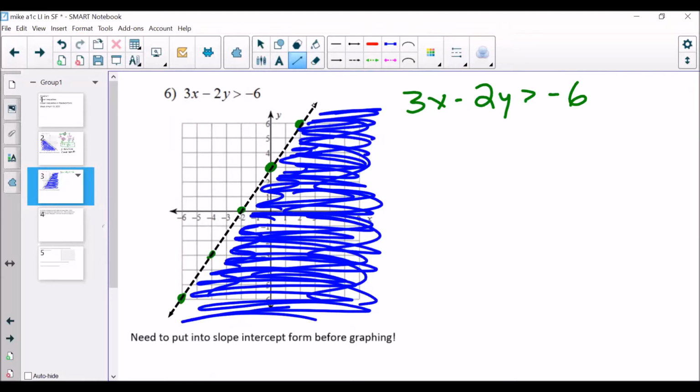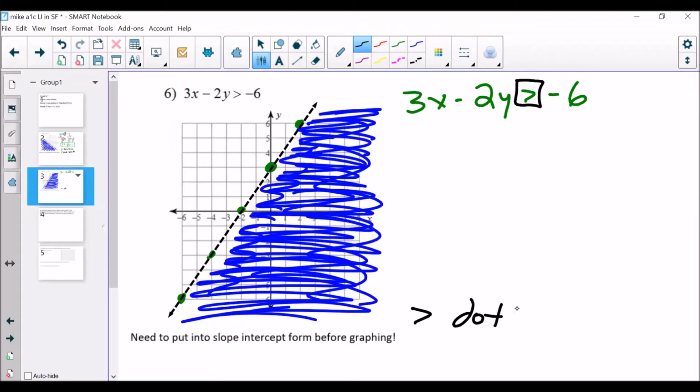Again, the focus there was because we see that arrow without a line underneath it. It's just greater than. So I need a dotted line right there, not a solid line. It's one of the big changes in the linear inequalities unit that we've talked about in previous videos.